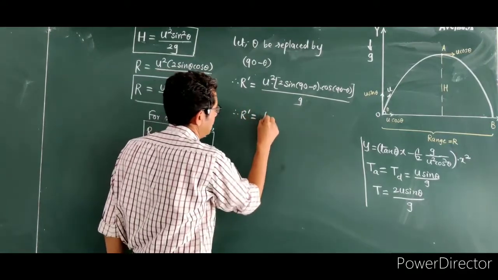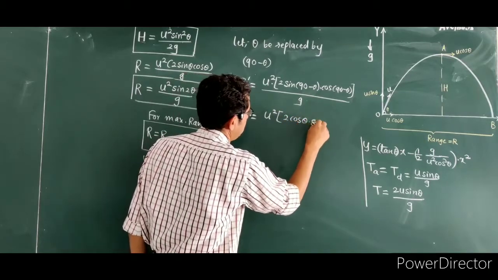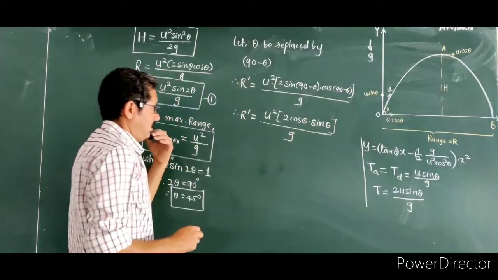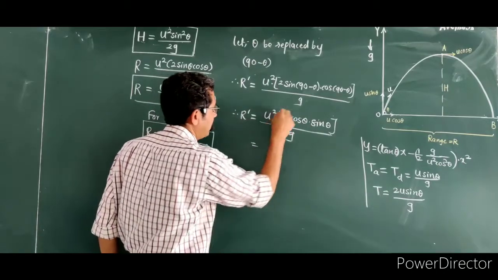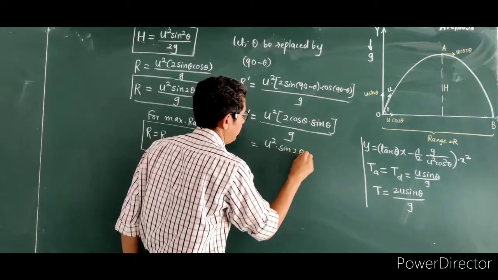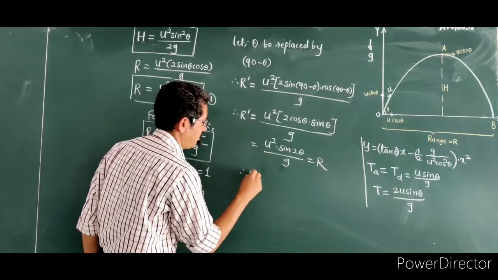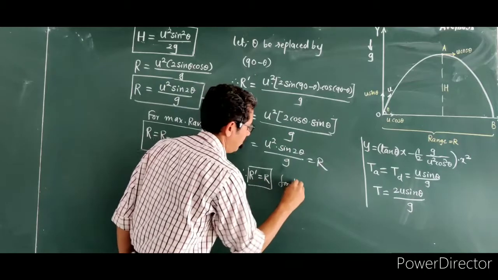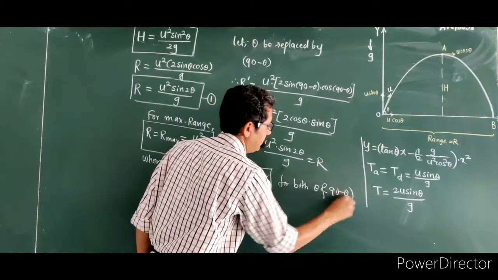So R dash is equal to u squared into 2 cos theta sine theta upon g, which in fact is the same thing, u squared into sine of 2 theta upon g, which was equal to R itself, and therefore I find that R dash is equal to R for both the angles of projection, theta and 90 minus theta.